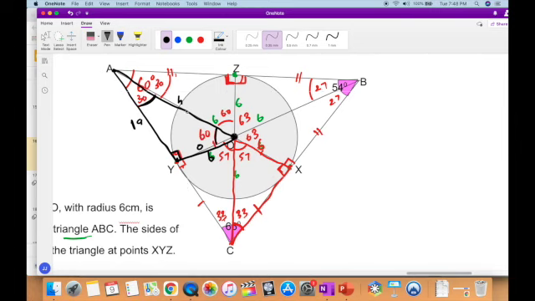Opposite over hypotenuse is sine. So the sine of 30 degrees is opposite over hypotenuse. From this, I could find the side H. So once you have all of the angles and that one side, you could use sine, cos, and tan to find the lengths of all of these sides here.